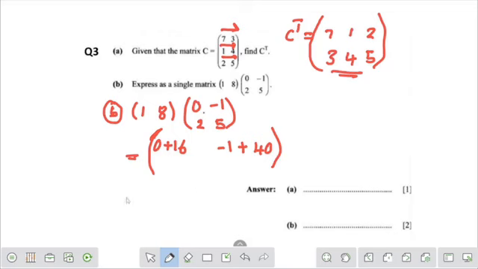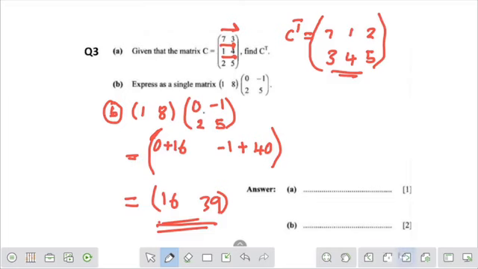So from here we are going to have 0 plus 16, this will give us 16, negative 1 plus 40, this will give us 39. So this is our answer. We have expressed this matrix and this one as a single matrix. So we have answered our question 3.